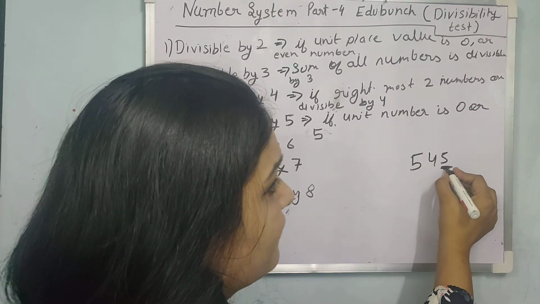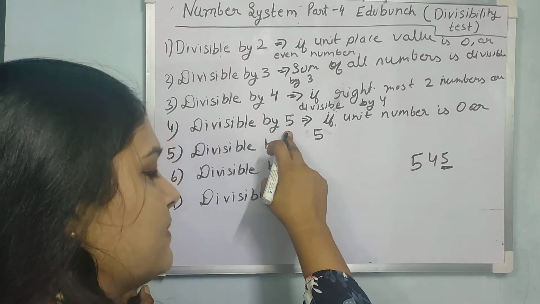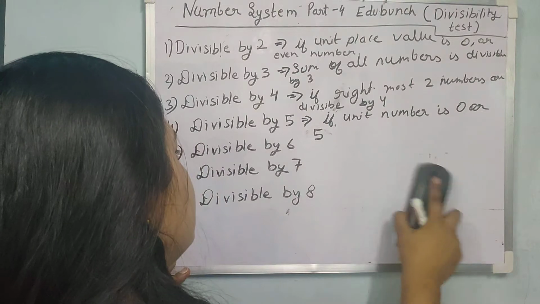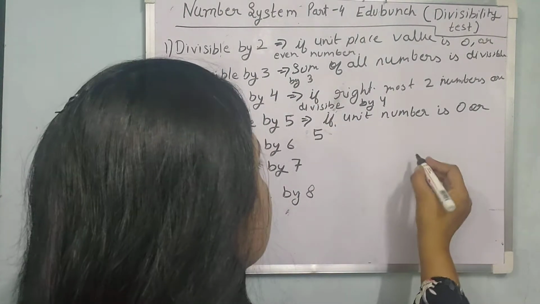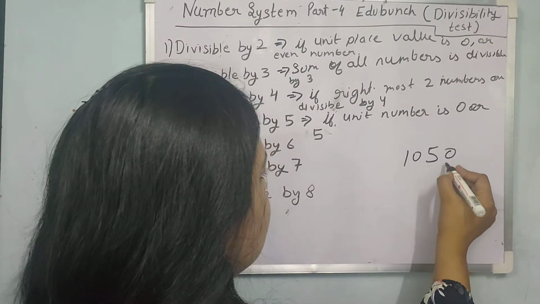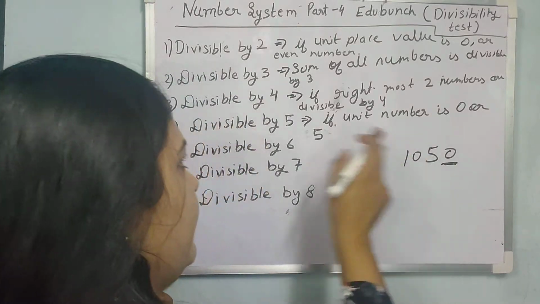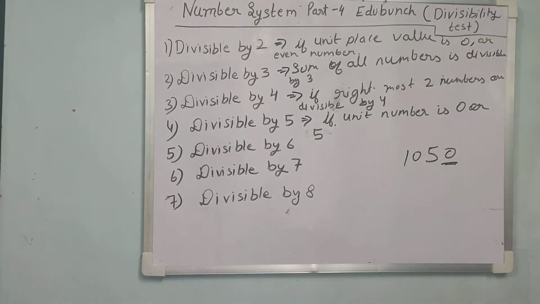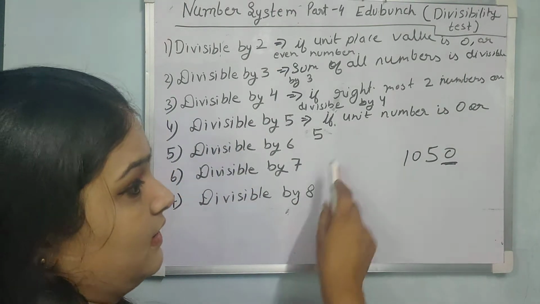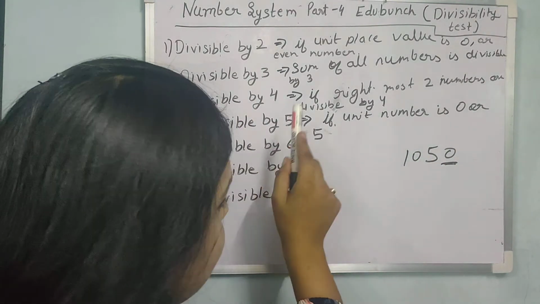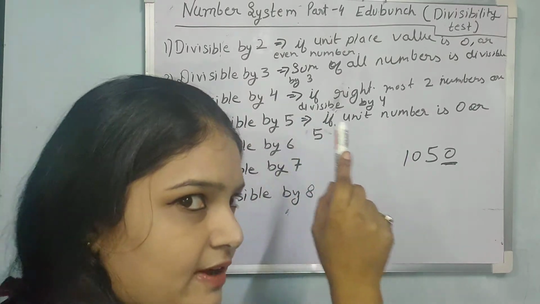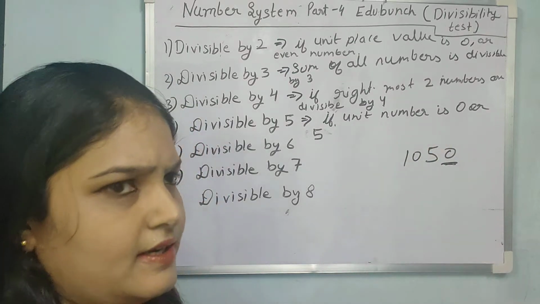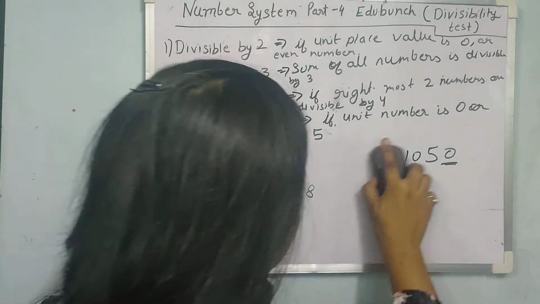Here the unit number is 5, so we can say this number is divisible by 5. Or we have 1000, this unit number is 0, so it is divisible by 5. We just check the unit number if we want to check whether the number is divisible by 5. If the unit place has the value 0 or 5, we can say yes, it is divisible by 5.